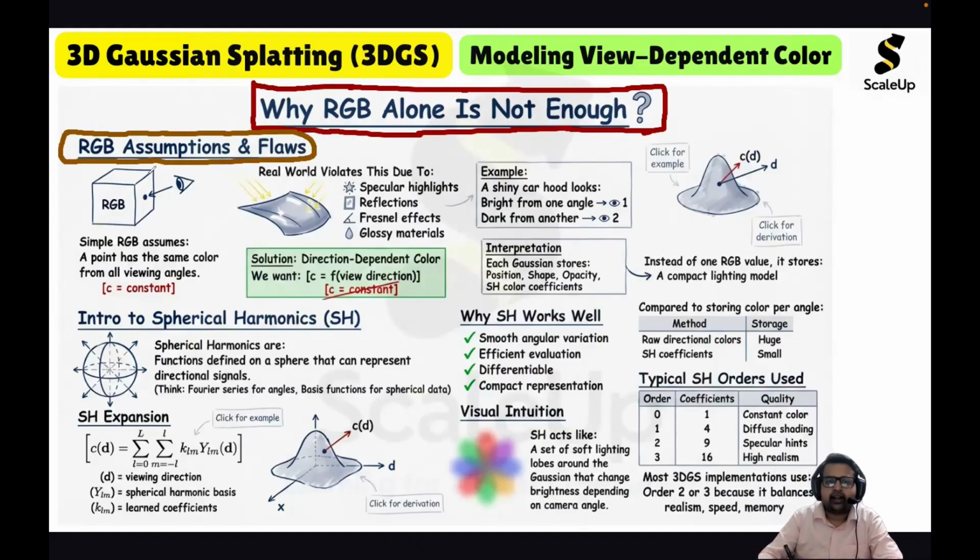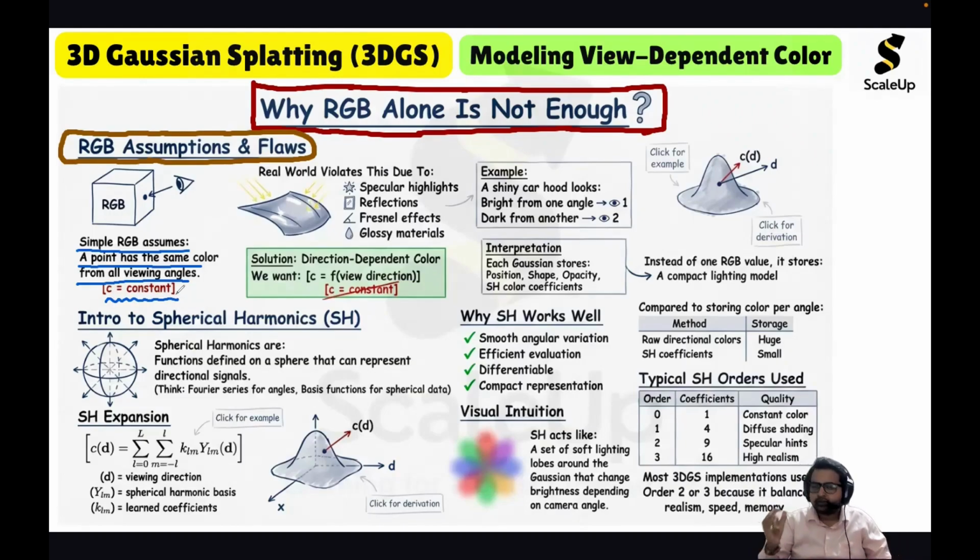If you use simple RGB, it will look the same from all directions. Simple RGB assumes that a point has the same color from all viewing angles, a constant color.